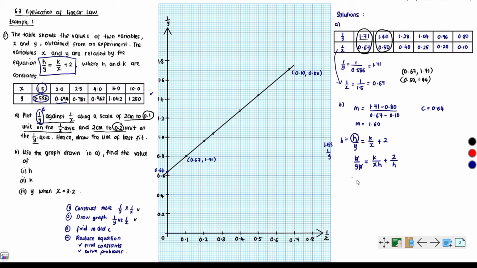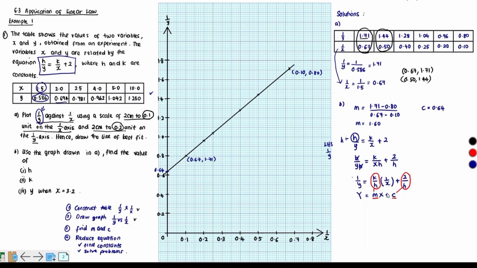So h over h cancels out, becoming 1 over y equal k over h, 1 over x plus 2 over h. The equation is now in the form y equal mx plus c, where k over h is equal to m and 2 over h is equal to c, the y-intercept.